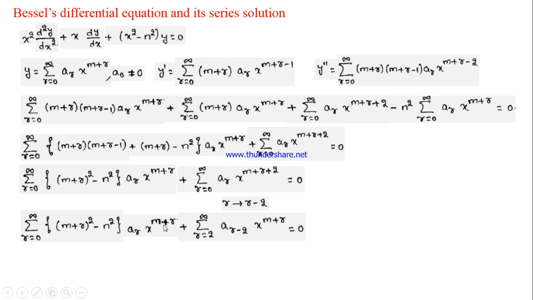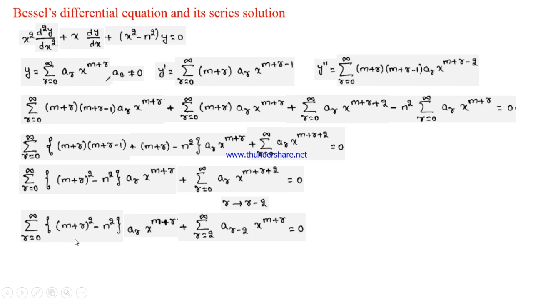Now the power of x is the same in these two summations, but still we have one more problem. Here the lower limit is 0, here the lower limit is 2. So we can't combine these two summations. So what else can be done? We will take the first two terms of this summation.